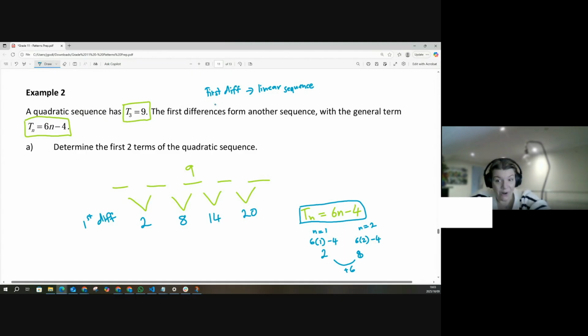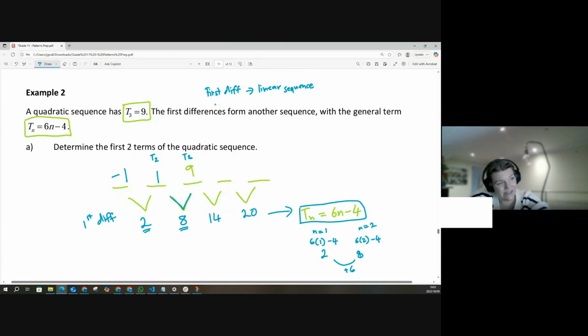So now, if I know what the first differences are, if I know that the difference between term 3 and term 2 is 8, then this must be a 1, because 9 minus 1 will give me 8. Yes, and if this is a 2, then this needs to be minus 1.